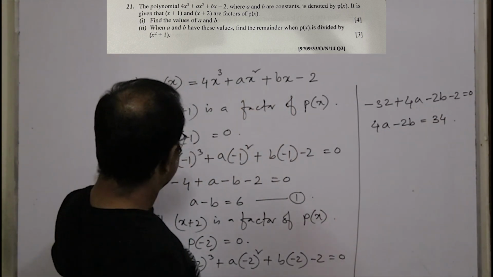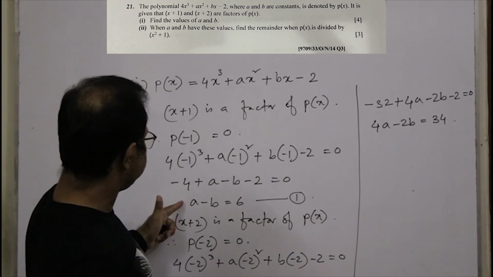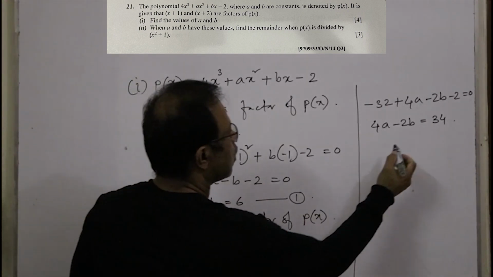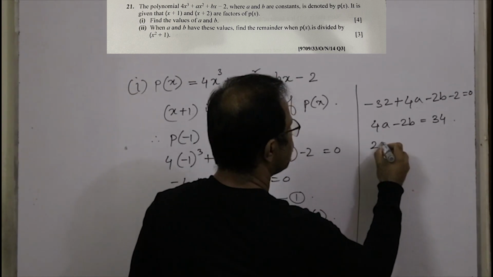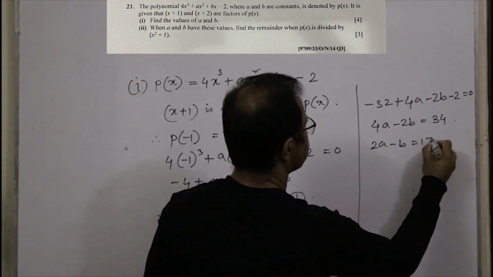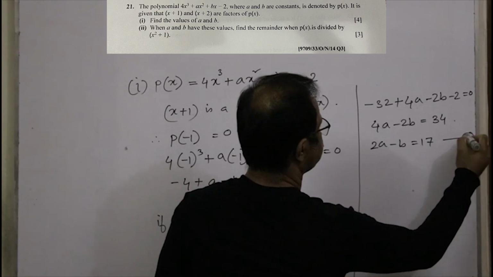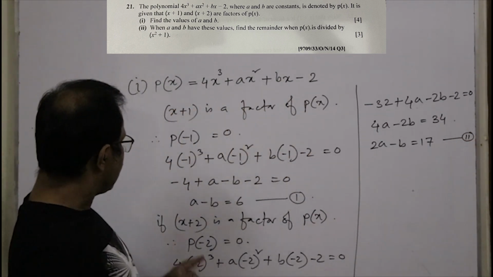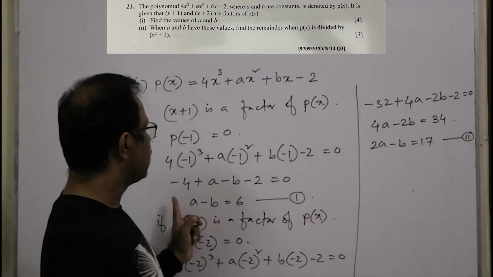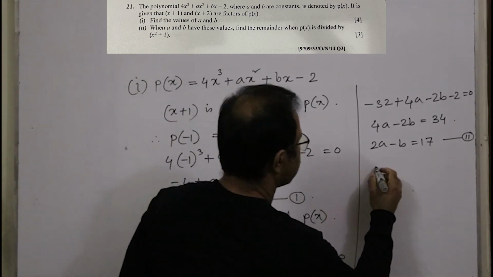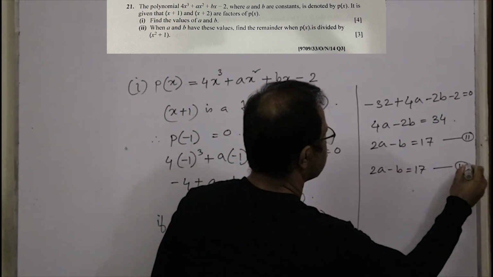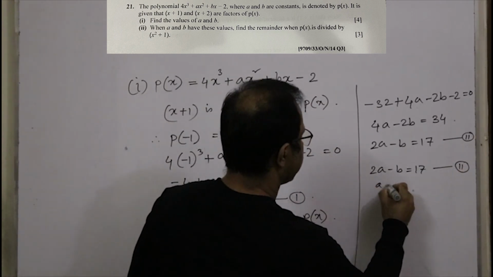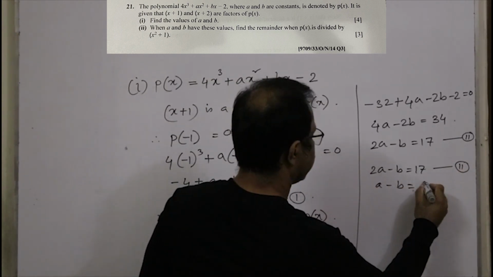So if we solve simultaneously, now if we divide by 2 and simplify more, it will be 2a minus b equals 17, equation 2. So we write together 2a minus b equals 17 and a minus b equals 6.